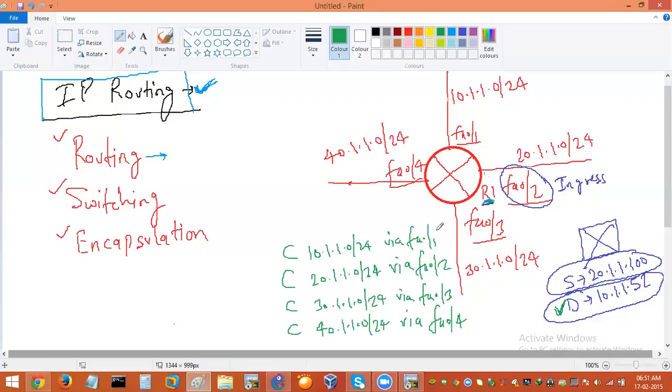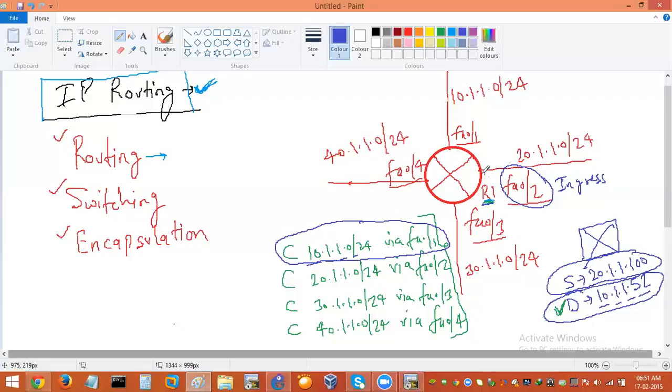Now, guys, based on this information, can you please tell me what would be the outgoing interface? Means what will be the interface that the packet should be forwarded out of? FA0/1? Yes, perfect. The answer is FA0/1, because you can see the destination IP address is 10.1.1.52, and that matches the first route in the table, which is via FA0/1.